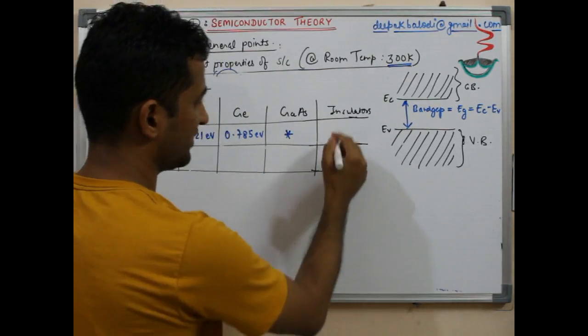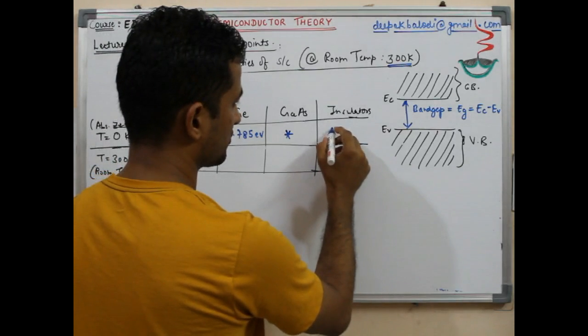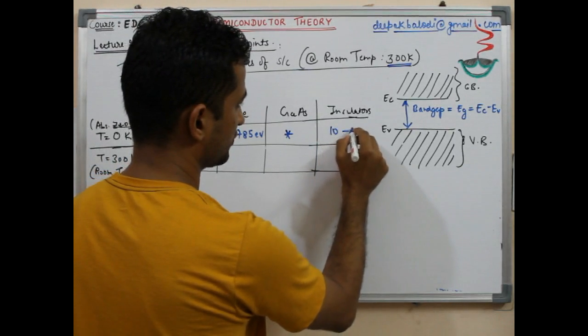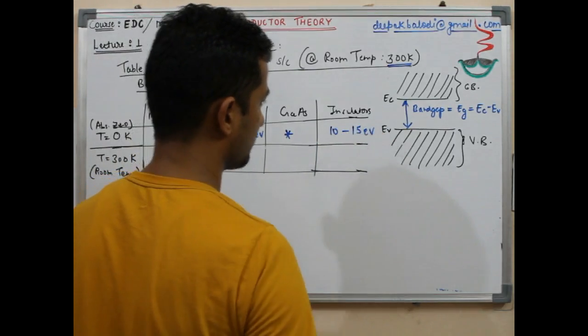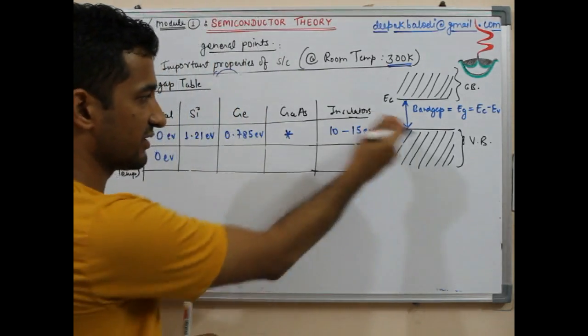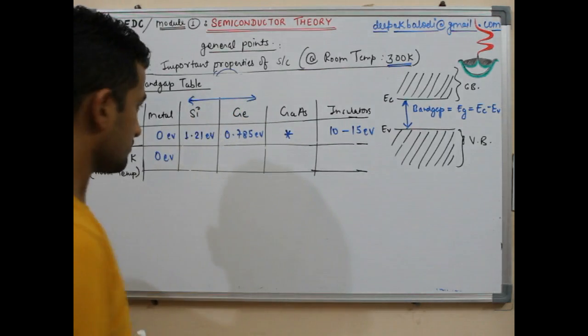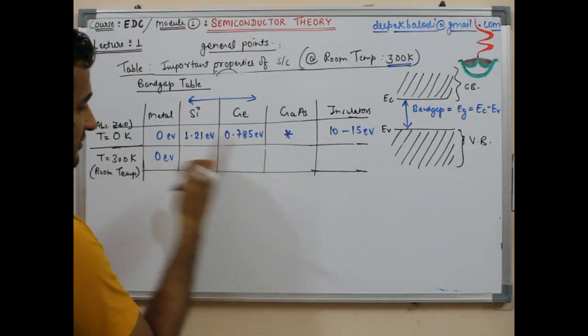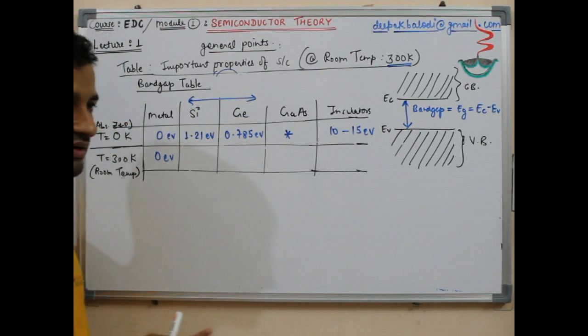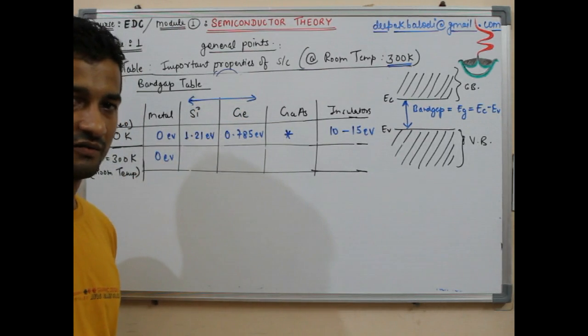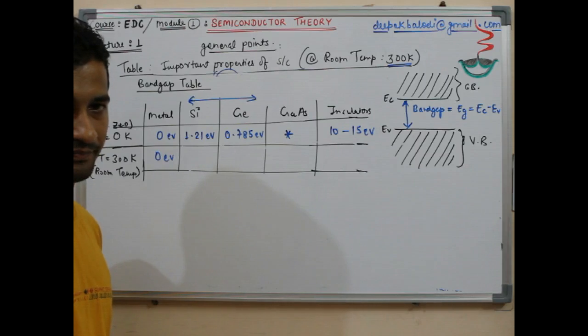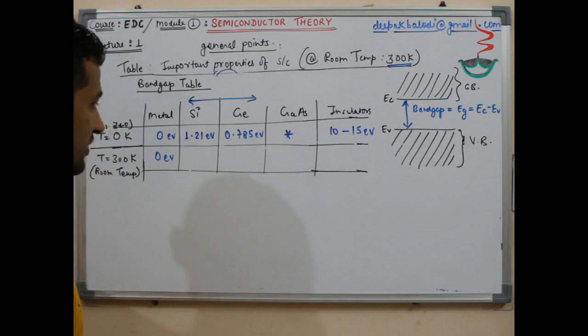For insulator it generally lies somewhere around 10 to 15 electron volts. This is also not very strict, so I have written a range. Generally we are interested in these two. For metal, again, as we have already seen, it doesn't matter if temperature increases, there are still a lot of carriers available as they were at the lower temperature.